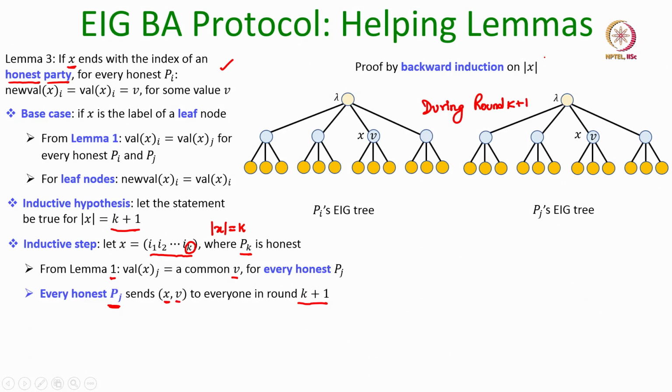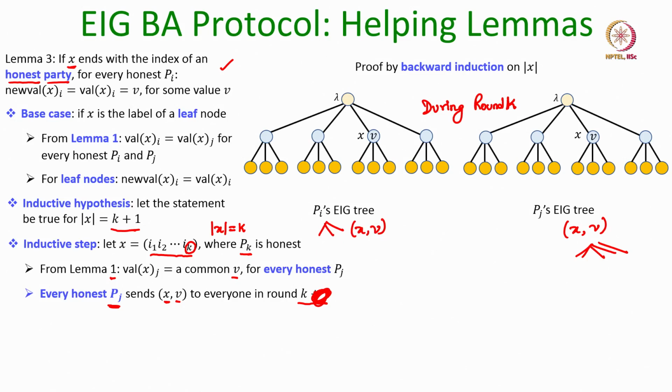Sorry, it should have happened at round k only, because we are considering the case when x is a node at layer k. Okay. So, Pj would have sent a message x v to everyone, Pi would have sent a message x v to everyone, and so on, and all other honest parties would have sent a message x v to everyone.